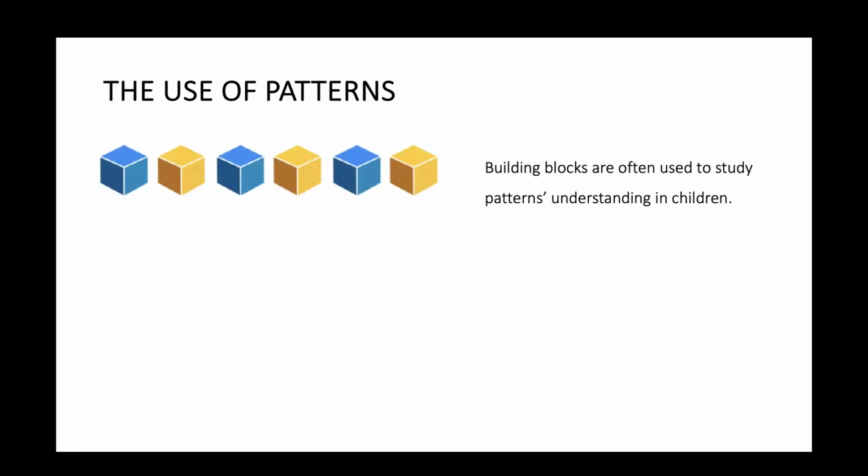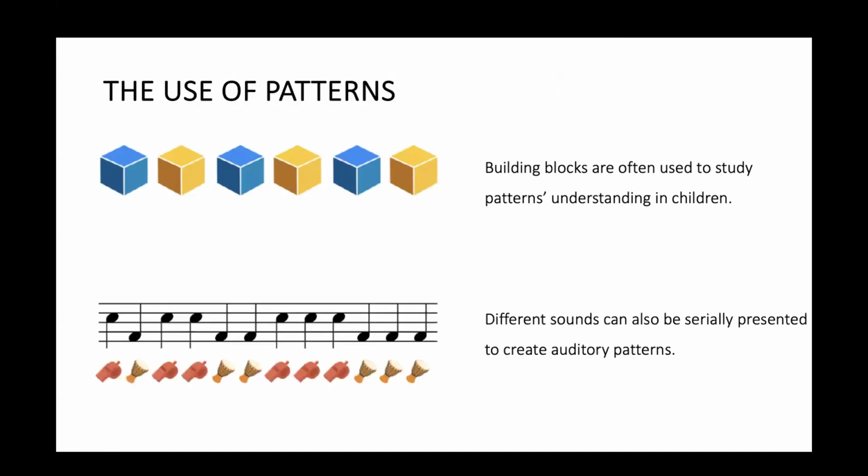For example, children might be presented with a blue building block followed by a yellow one, a blue one, a yellow one, and then asked to prolong the given pattern following the underlying rule. The same applies to different sounds that might be serially presented to create auditory patterns. And again, children might be asked to mimic, prolong, or extrapolate from the given sequence.